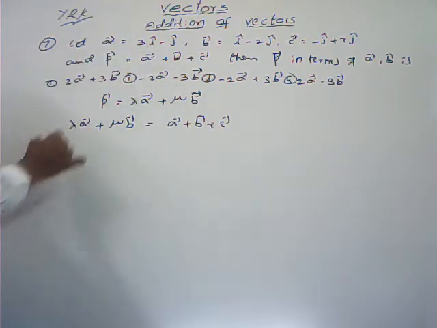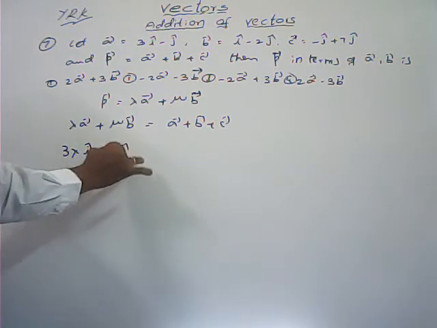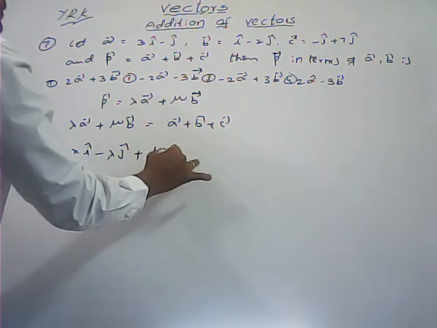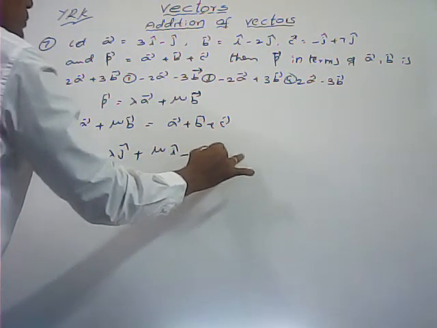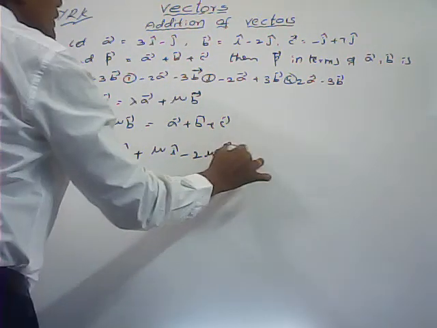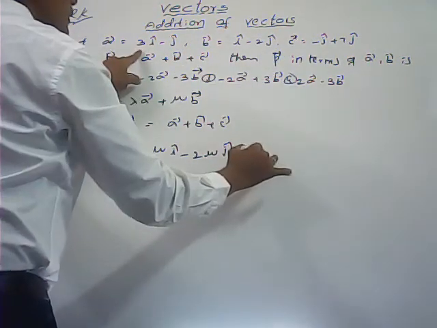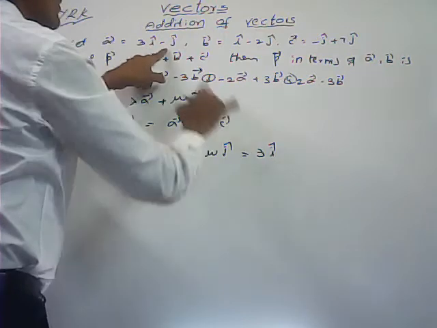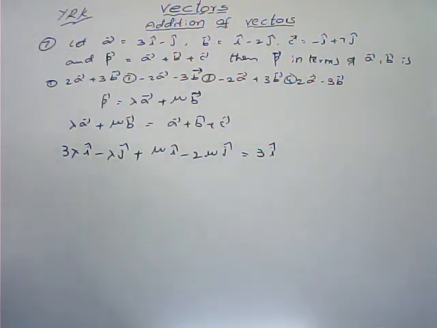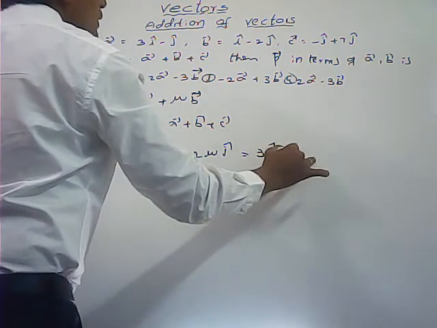Lambda A bar, that is 3 lambda i cap minus lambda j cap, plus mu into B bar, mu i cap minus 2 mu j cap, that is equal to A bar plus B bar plus C bar. Adding these 3, the i and minus i both get cancelled: 3 i cap, minus j, minus 3 plus 4, plus 4 j cap.